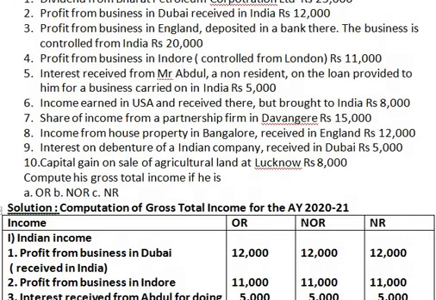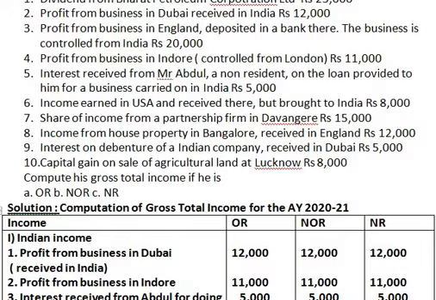Yes, profit from business in England deposited in a bank there, but the business is controlled from India. Any income which is earned and received in a foreign country is a foreign income, but if it is controlled and managed from India, it is taxable to ordinary resident as well as not ordinary resident.